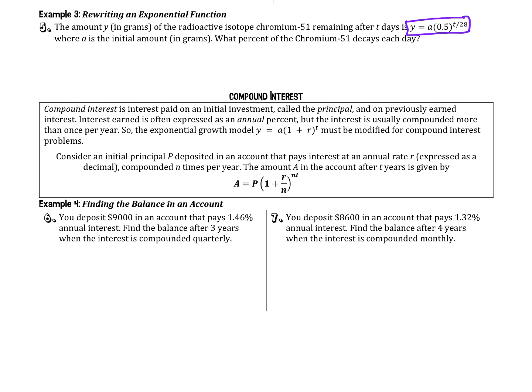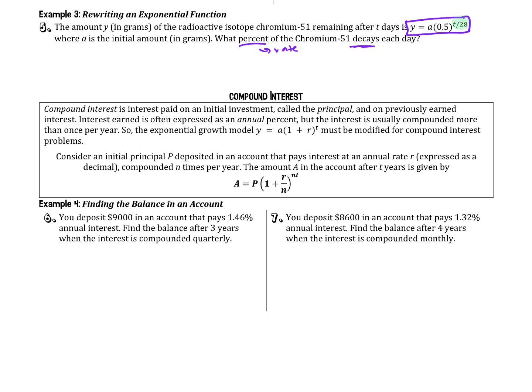We're being asked for the rate as a percent that it decays each day. Now I want you to look at that function. I want you to identify what's different about that model than all of the ones we have looked at so far. Well, hopefully you notice that what's different is this exponent has a number.